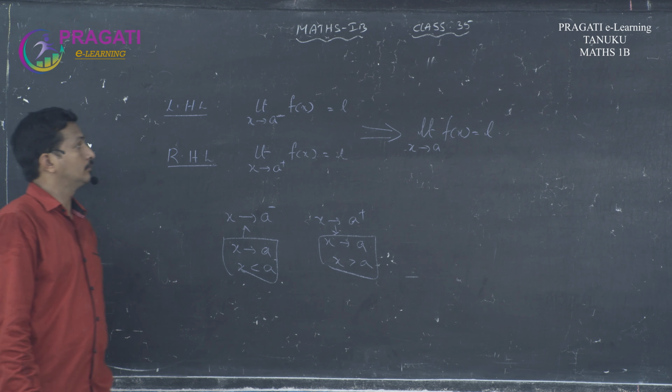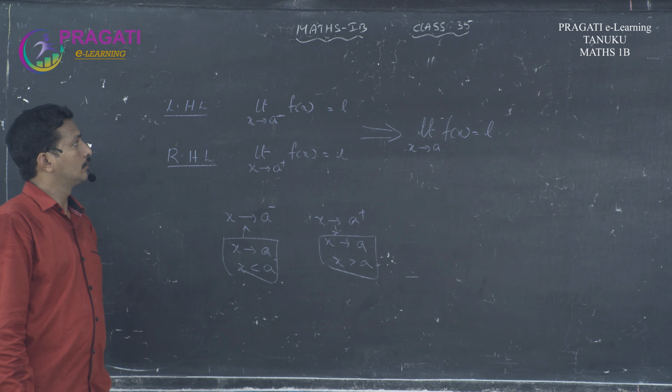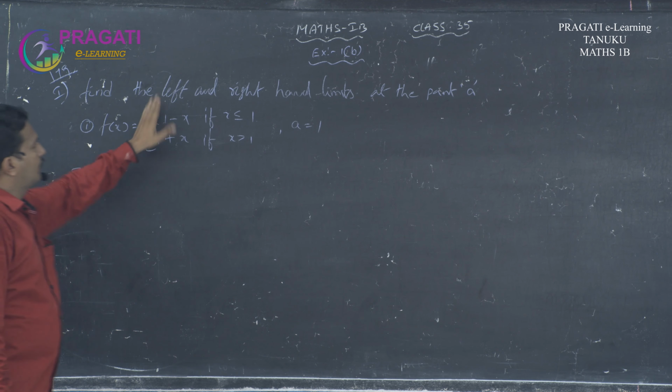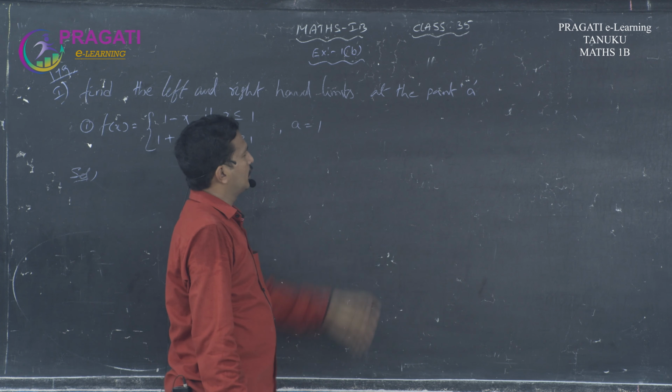Okay, I will give some problems, then you can understand easily. Find the left hand and right hand limits at the point a.